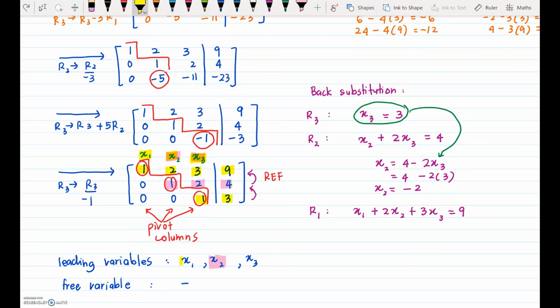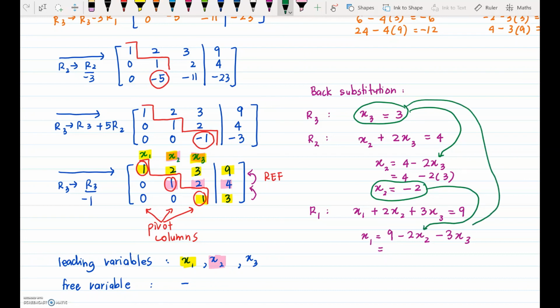Again, your leading variable is x1, so you will write x1 as the subject, and you will get x1 is 9 minus 2x2 minus 3x3. Don't forget, you need to substitute your x2 and x3 into your x1, and your x1 will be equal to 4.